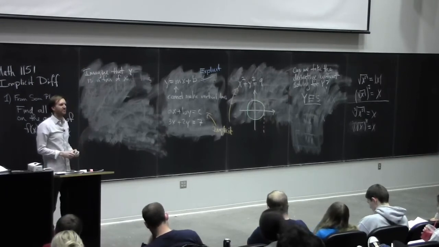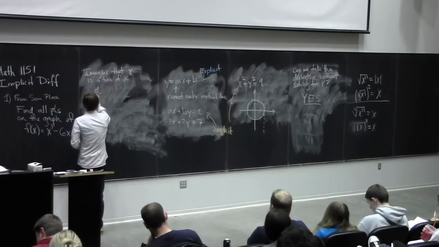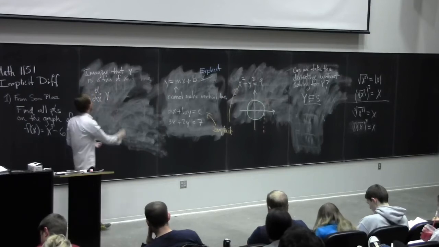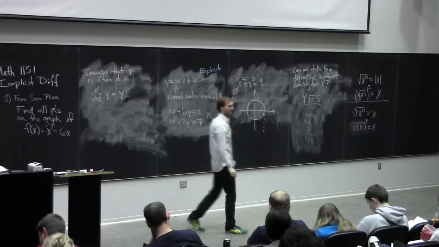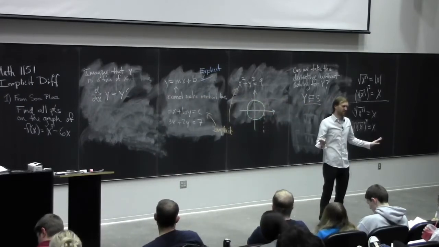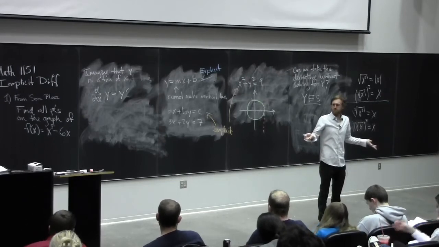And when you want to take the derivative of y, it's easy to do. Here's what it is. Ready? The derivative of y is equal to y prime. I didn't do anything. What's the derivative of y? Y prime. It's a function of x. Right?